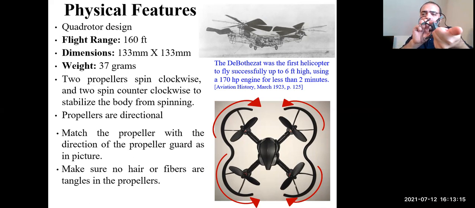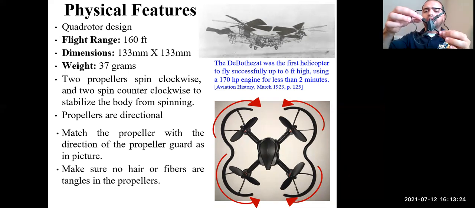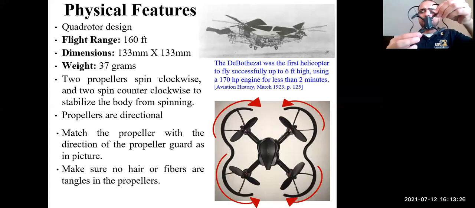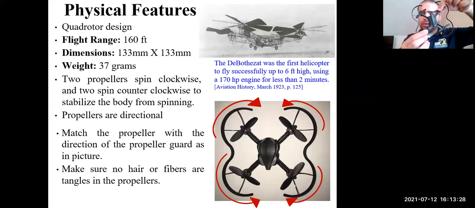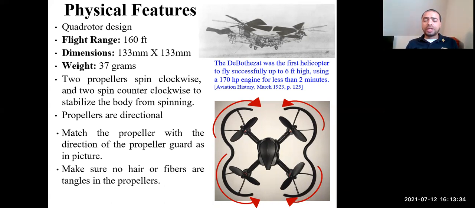So these two here are going to be left-handed, and these two are going to be right-handed. This is how we cancel the torque that is caused by the spinning motors.